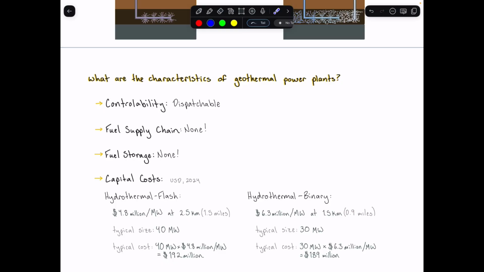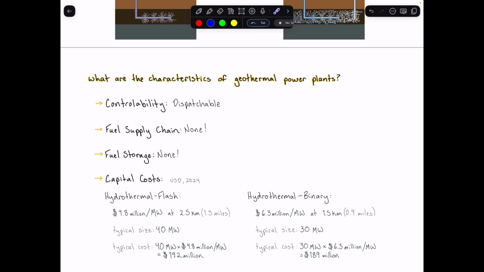And then enhanced geothermal systems, the technology is still in the process of being built out commercially, so there isn't as much data on the capital costs of building out systems with enhanced geothermal technology.